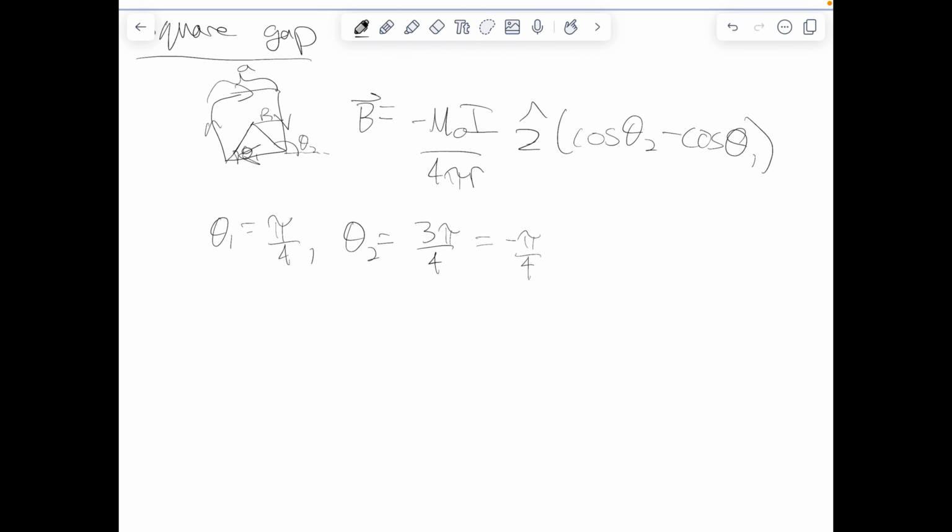Finding the cosine values for those thetas, cosine of theta 1 equals root 2 over 2, cosine of theta 2 equals negative root 2 over 2, so cosine of theta 2 minus cosine of theta 1 equals negative root 2 over 2 minus root 2 over 2, which just equals negative root 2.